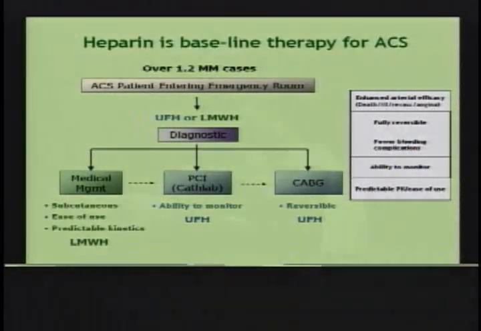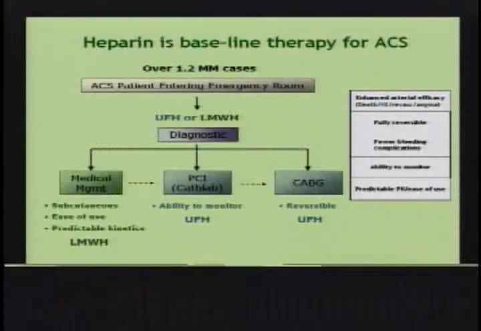And the idea is, how do you look at the variety of downstream events of medical management, PCI, or CABG, because ACS is probably the most challenging and difficult management that you could ever think of, because the attributes that you need to have for this are enhanced arterial efficacy, full reversibility, few bleeding complications, ability to monitor your drug, and finally a predictable PK and ease of use.